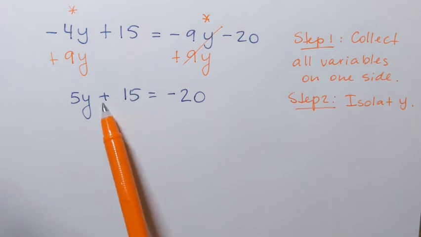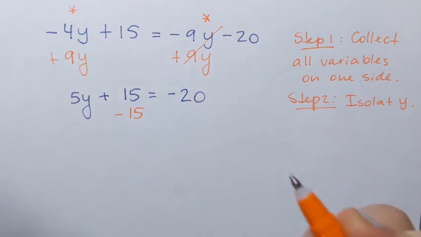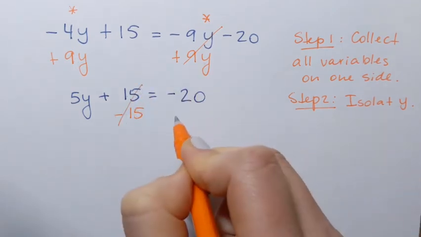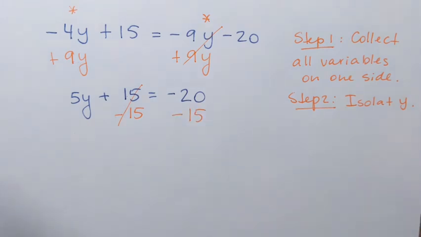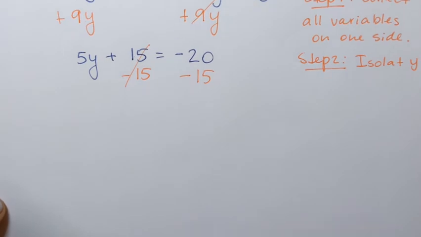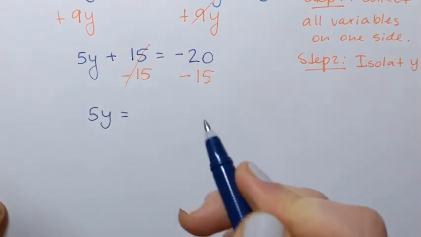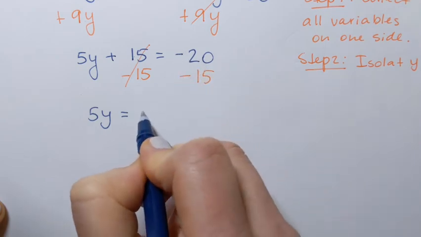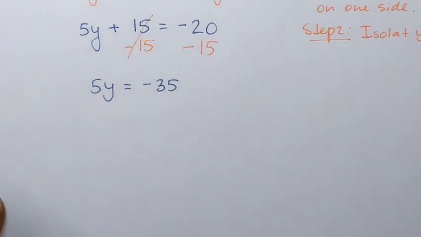Well, if it's positive 15, I need to subtract it. Subtract 15. 15 minus 15, that's 0, so that goes away. But to keep the equation balanced, I'm doing the same thing on the right-hand side. Let's see what we'll end up with. So 5y, that's the left-hand side, and negative 20 minus 15, that's going to be negative 35. Okay, we're almost there, right?